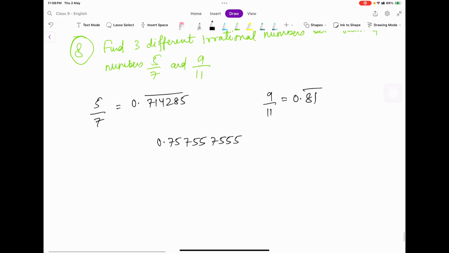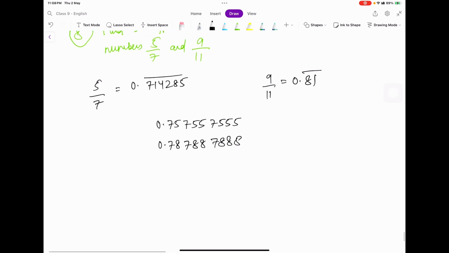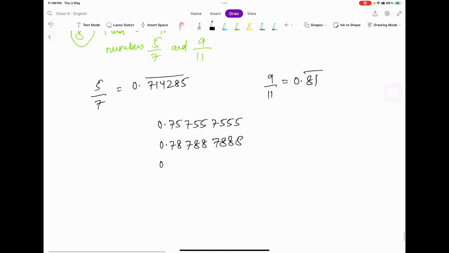Understood? This is one. Then 78 you can do, 0.788, 0.7888. You choose between these two decimal numbers. You put a decimal number, then in the second number you go on increasing one digit at a time. Then 0.80, 0.8000, and so on. These are three irrational numbers between these two rational numbers.